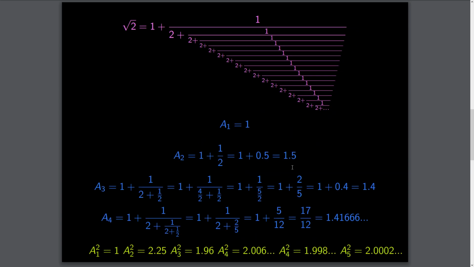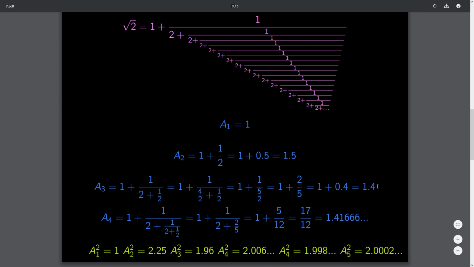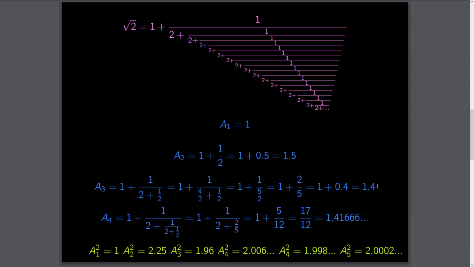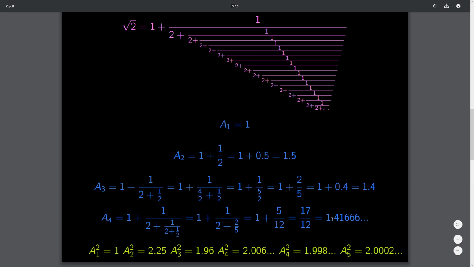So now let's look into how rapidly this fraction approximates square root of 2. So a1 is the first iteration, it's obviously 1. Now the second iteration is 1.5. Now you should consider that it's already pretty close to square root of 2. And when you're doing the third iteration, it's already 1.4. It's not that far away from square root of 2. And actually a4 is 1.41666.